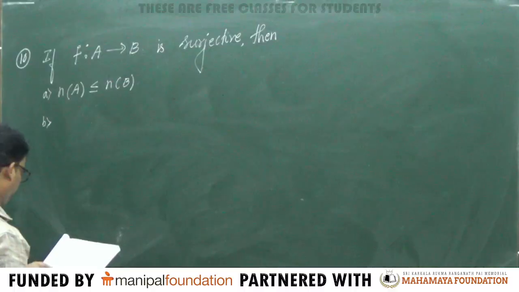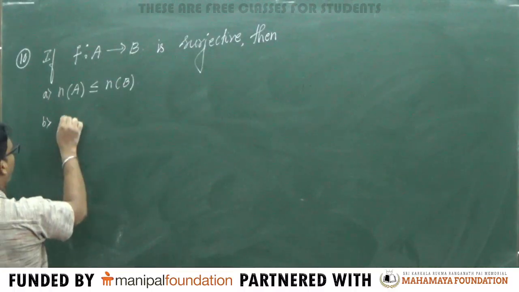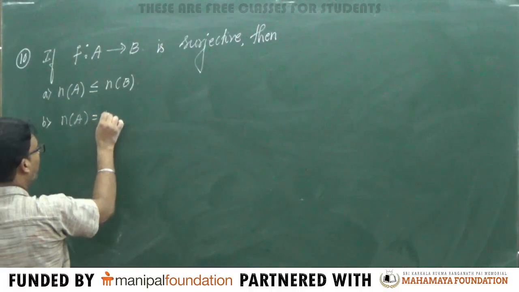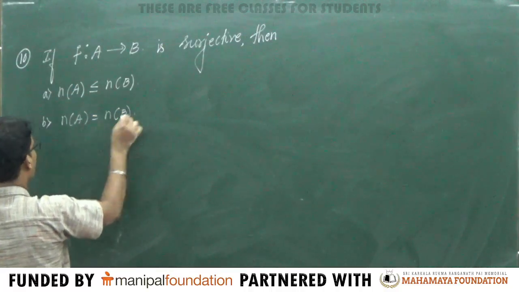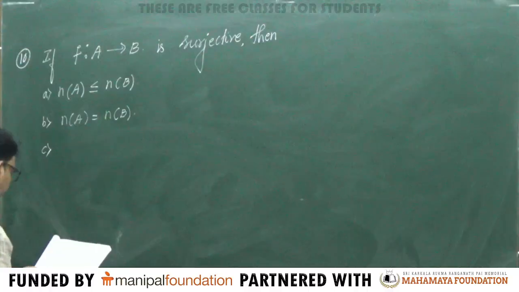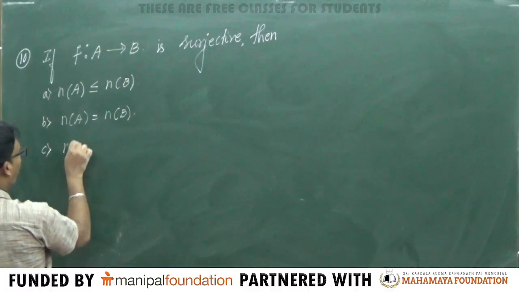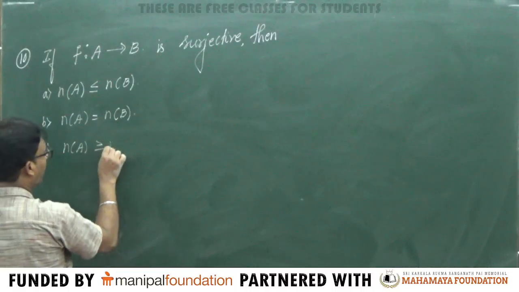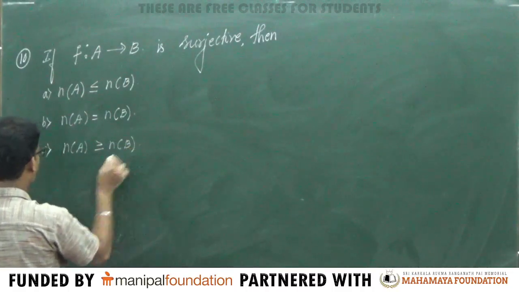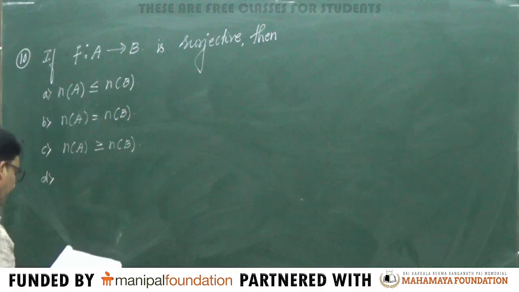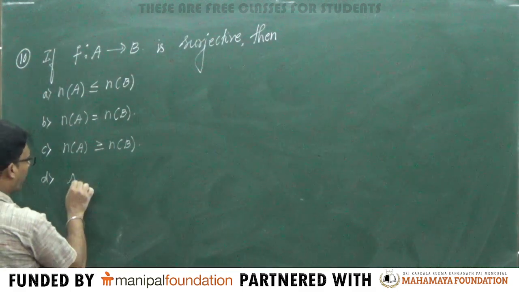Option B, n of A is equal to n of B. Option C, n of A is greater than or equal to n of B. Option D, none of these.